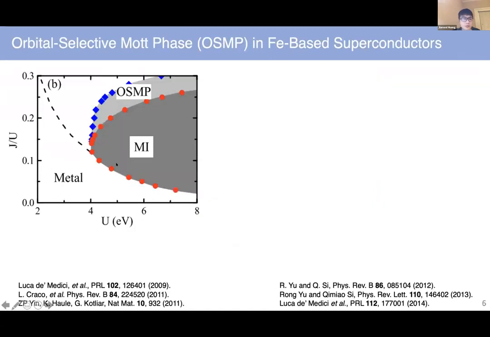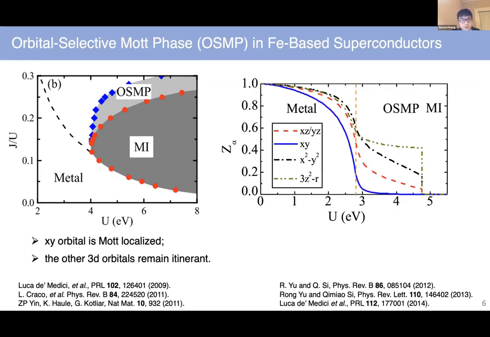The orbital-selective Mott phase was theoretically proposed to exist in these iron-based superconductors. An orbital-selective phase is generally described as follows: in a multi-orbital system, particular orbitals turn localized while the others still remain itinerant. In the case of iron-based superconductors, it is the dxy orbital that is localized, but all the other orbitals remain itinerant.